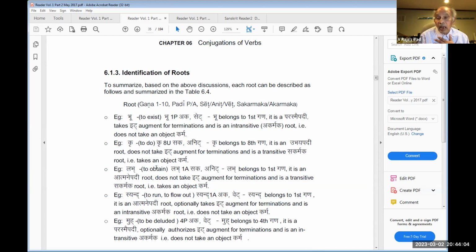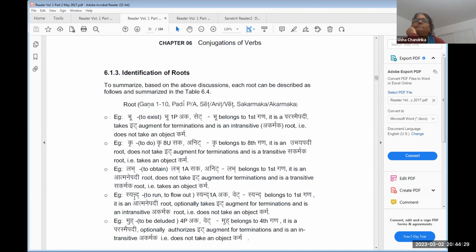For example, gam. What is the common property for bhu and labh? That is the thing I'm not able to get. Oh, you will see the common property is how the verb is derived. That is what it is. And likewise, there is a root called drush, to see.